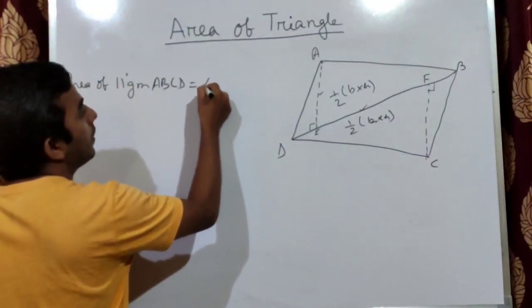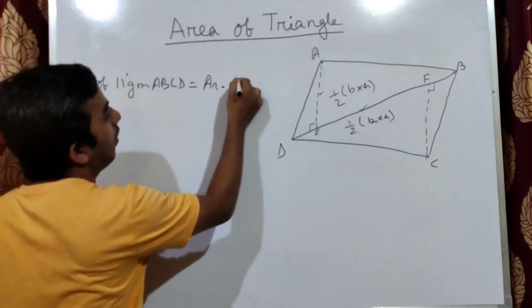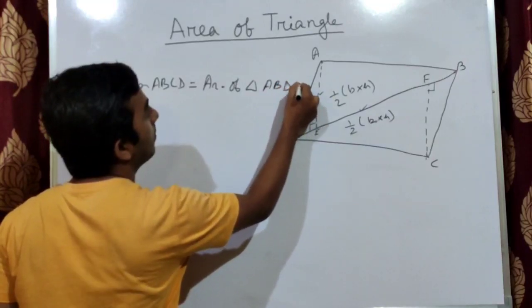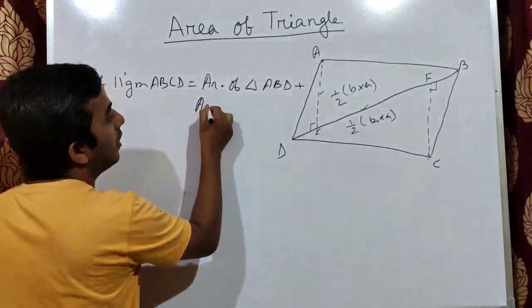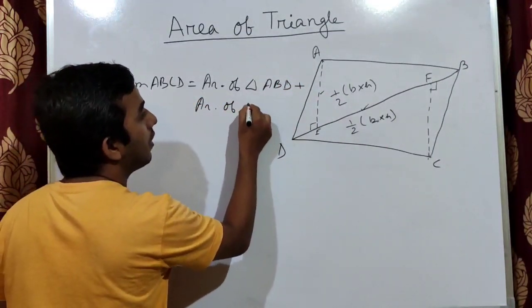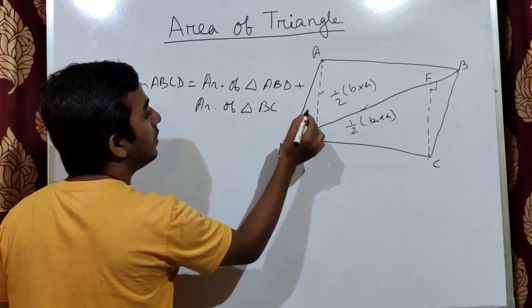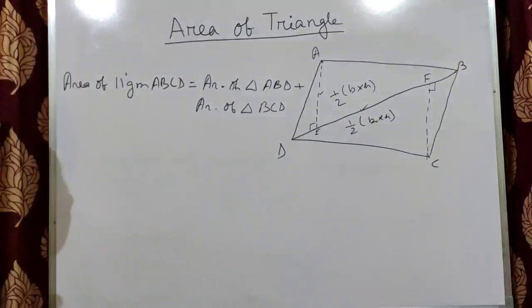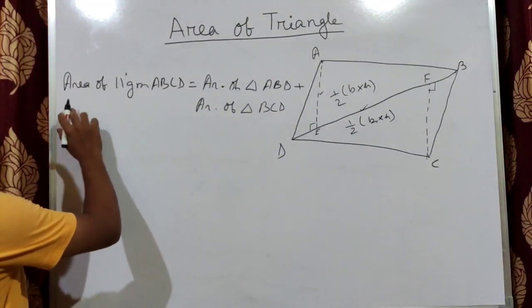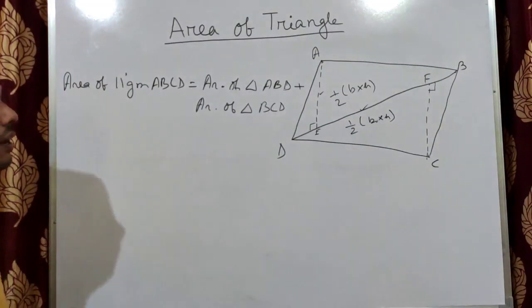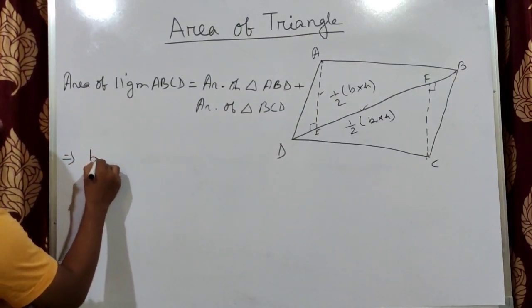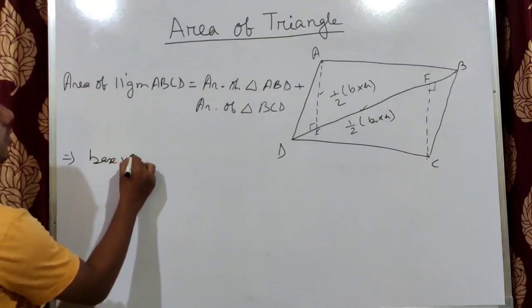We will write area of triangle ABD plus area of triangle BCD. I hope up to this it is clear. So now we know the area of the parallelogram ABCD is base into height. So we will write base into height. Clear?